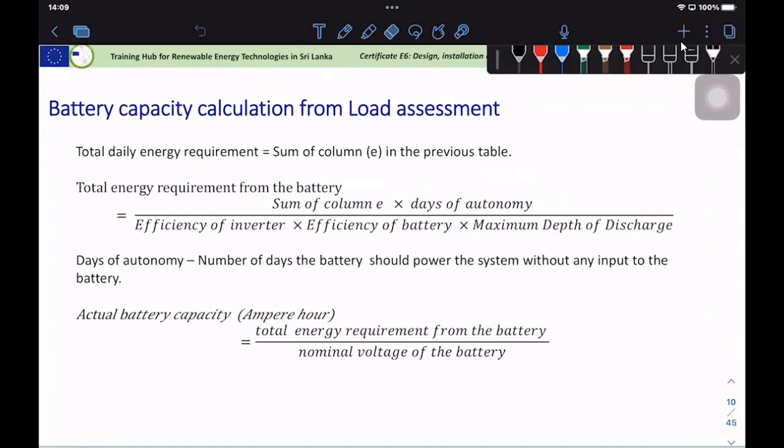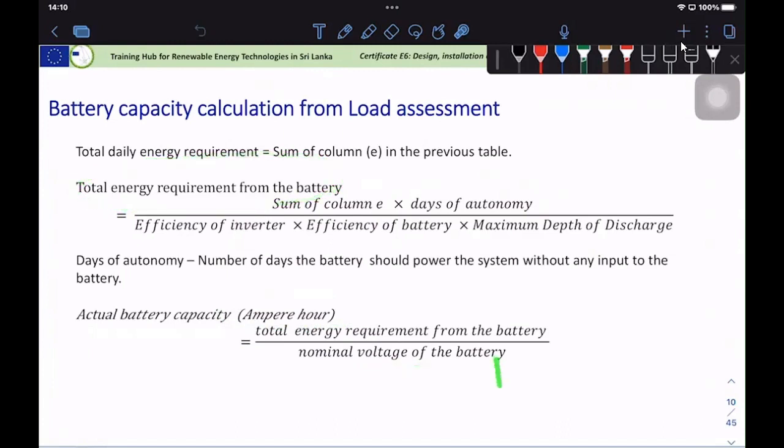So the sum of column E is multiplied by the days of autonomy, and it is divided by the efficiency of the inverter, the efficiency of the battery, and the maximum depth of discharge. We'll see how we can decide on these parameters, what the values will be, and how we can find those values. If we find the total energy requirement from the battery, then the actual battery capacity in the unit of ampere hours is given by dividing this by the nominal voltage of the battery.